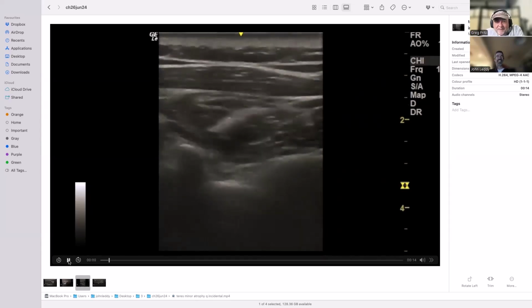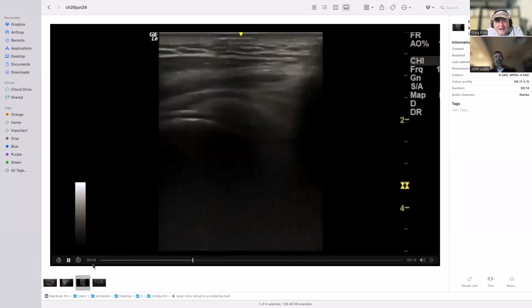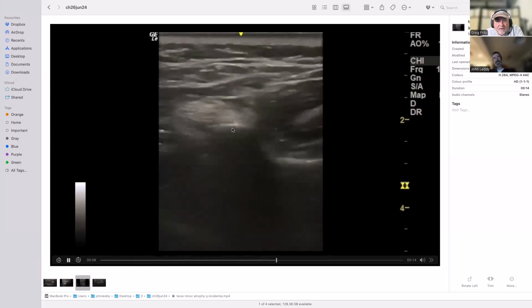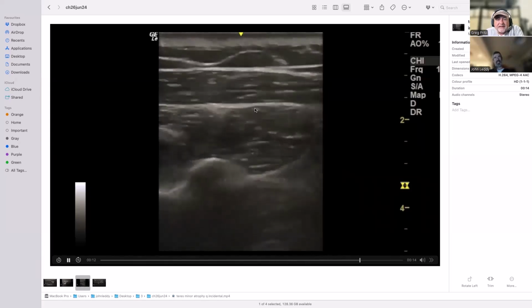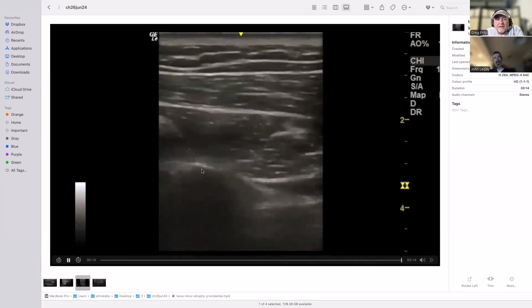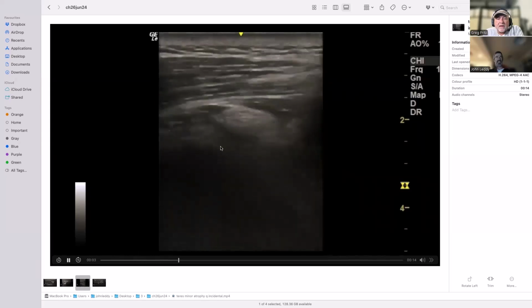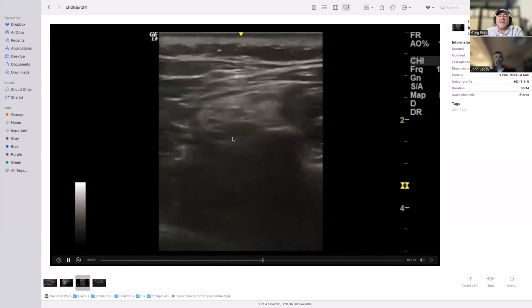I'm looking at teres minor here and another infraspinatus. Yeah. And the teres minor this time is the one that's atrophied. Ah, what is that one? Is that the contralateral side? That's a good one. That's on the other side. Okay. On this side, that must be infraspinatus, and that's teres minor.